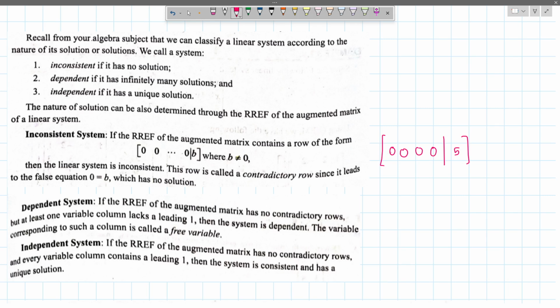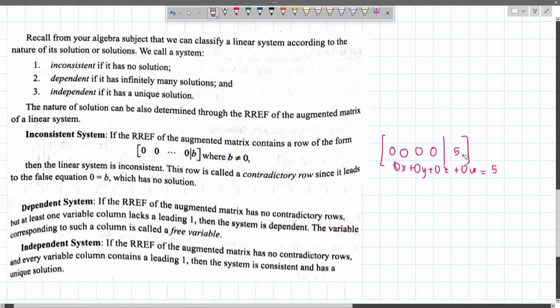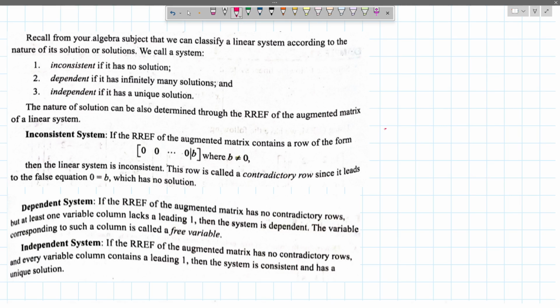If we write it into an equation, we have 0x plus 0y plus 0z plus 0w equal to a non-zero value, which is impossible. That's why we have an inconsistent system. So again, for inconsistent, we don't have any solution, so you can draw it as an empty set.